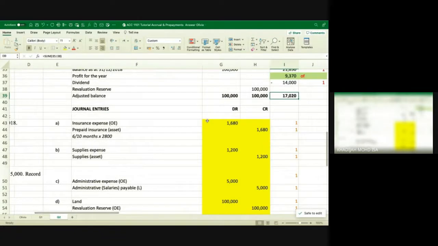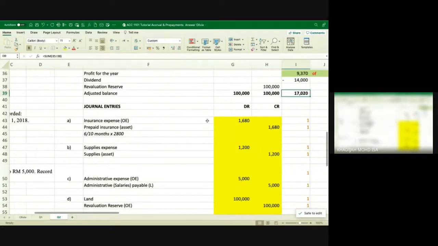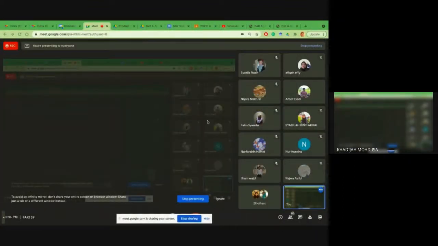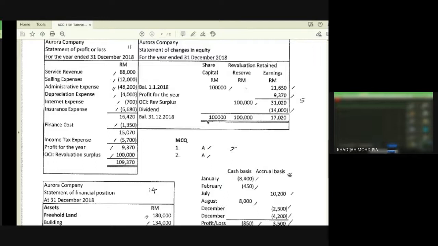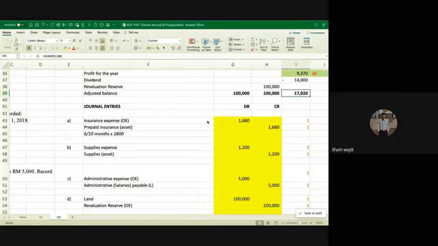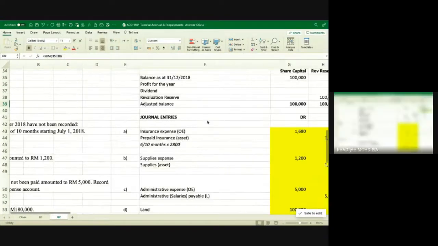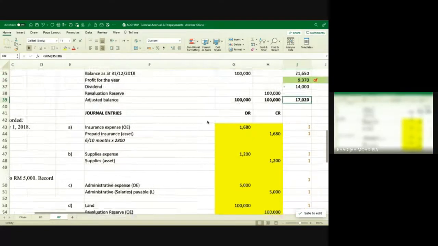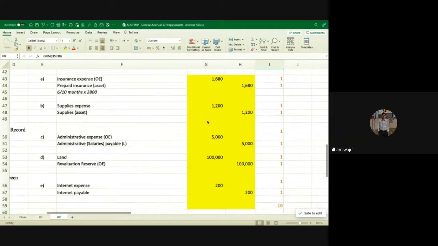Okay, once you are done with your journal entries, next, let's have Ilham Wajdi. What do you do next? Yes. What do you do after you have your journal entries? Put it in the SOFP.